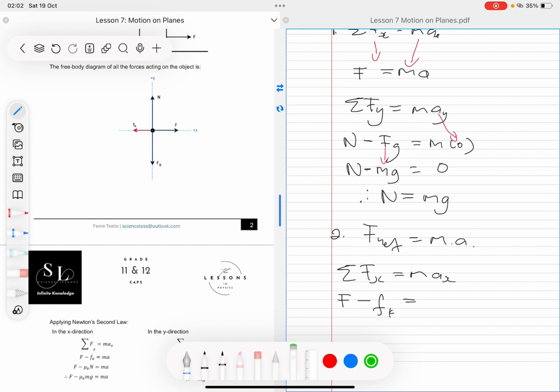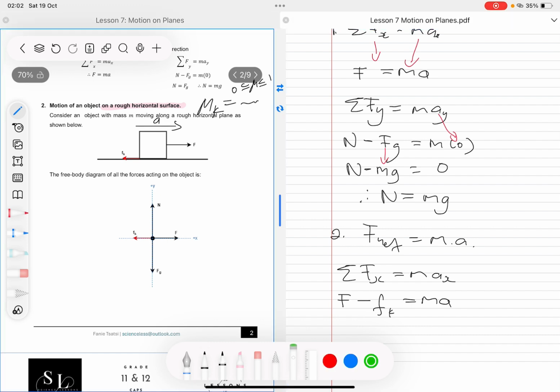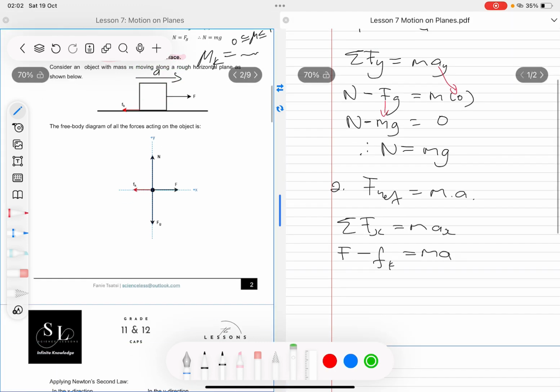Remember that here we have plus and then a minus, then we get a minus. Equals mass of the box times the acceleration a, because we're saying it's going to accelerate with this acceleration a. Alright.